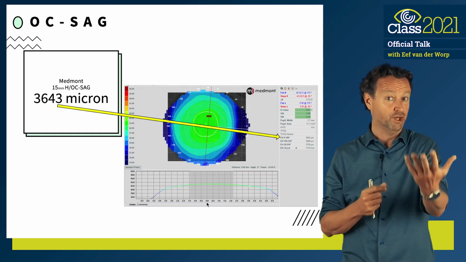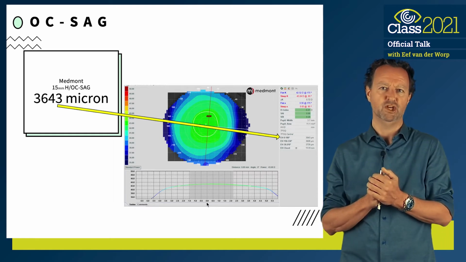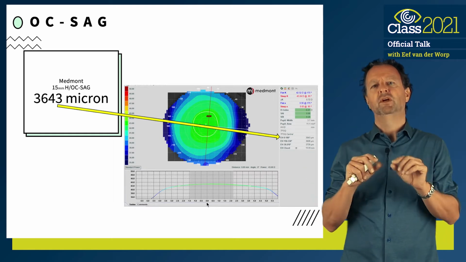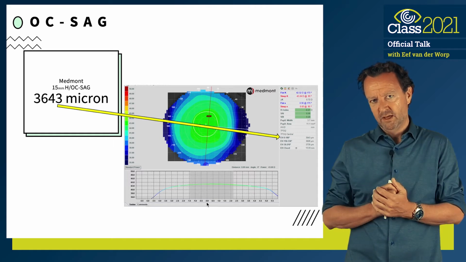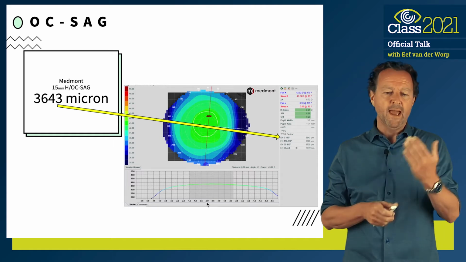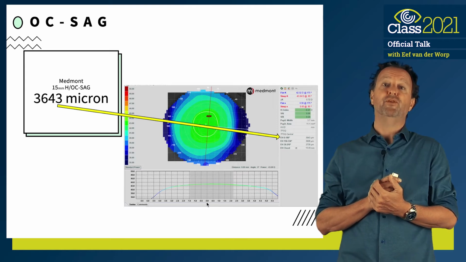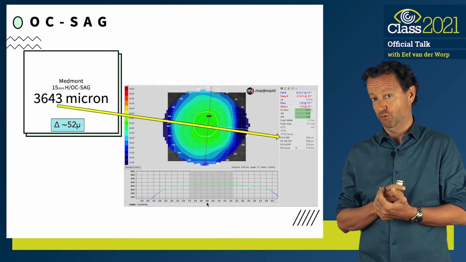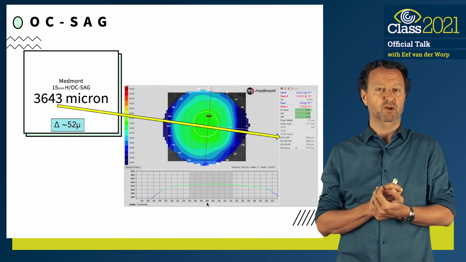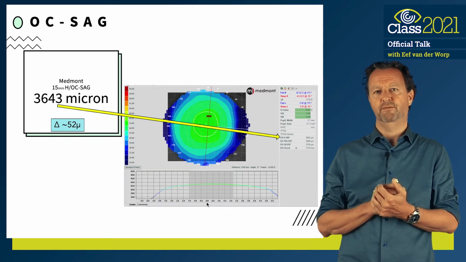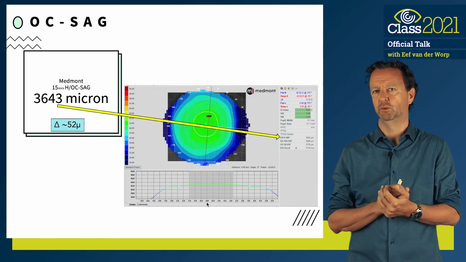Ask your company for this instrument or any other instruments if they can do that, that can measure or calculate, I should say, the 15mm chord. And the Medmont came up with 3,640 micron. That is pretty much on par, very close, about 50 microns off, but pretty close.